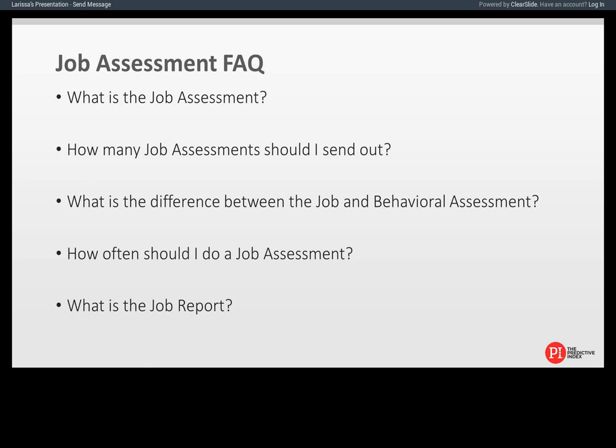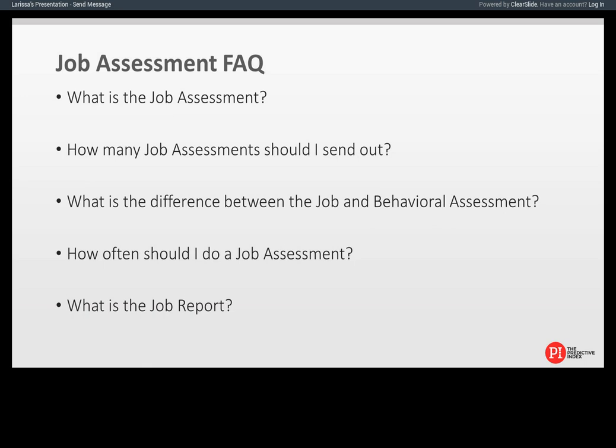How often should I do a job assessment? So obviously, anytime there's a new position that you're hiring for in your company, that would be the right time to do it. As a review, we suggest every couple of years to at least go back, read the job report, which will show you what that is later, and make sure that you're still on target for what this job is and is this what we still need in the company.